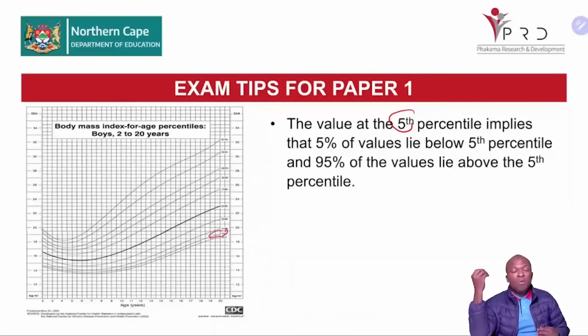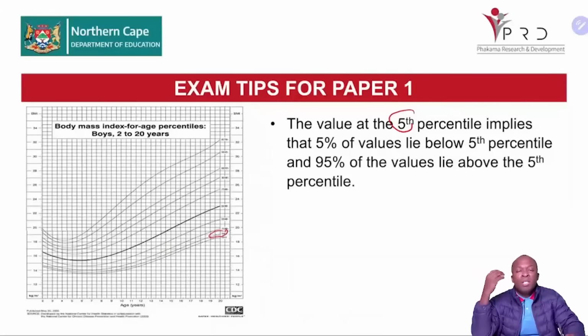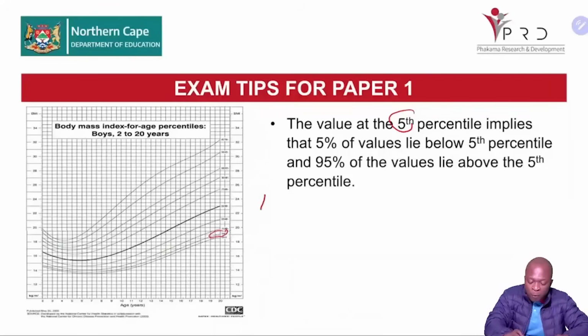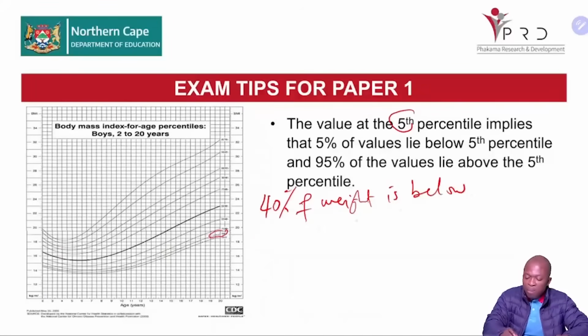So when they say your weight is on the 40th percentile, how do you interpret it? It means that 40% of the weight is below and 40% of the weight is above.